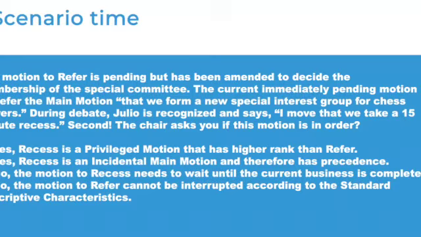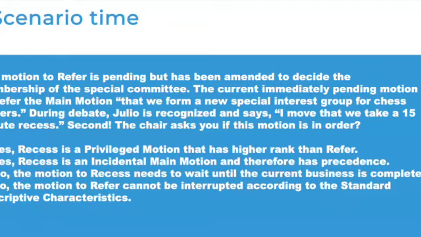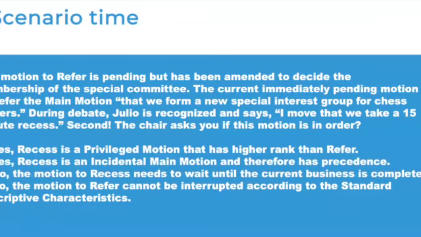So what will you say? A, yes, recess is a privileged motion that has a higher rank than refer. B, yes, recess is an incidental main motion and therefore has precedence. C, no, the motion to recess needs to wait until the current business is completed. D, no, the motion to refer cannot be interrupted according to the standard descriptive characteristics.